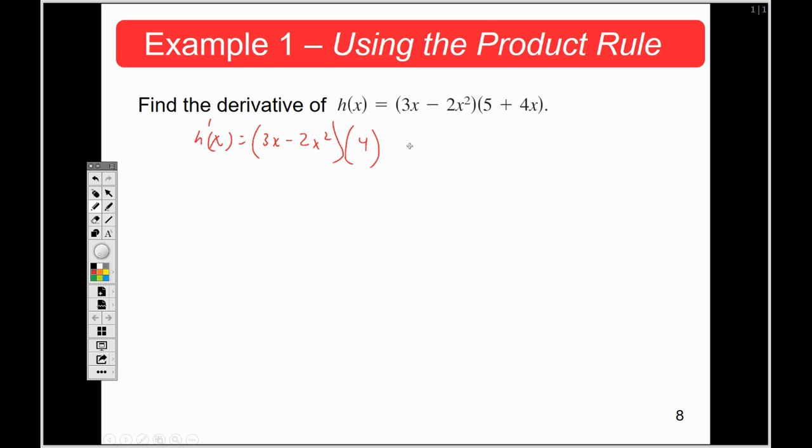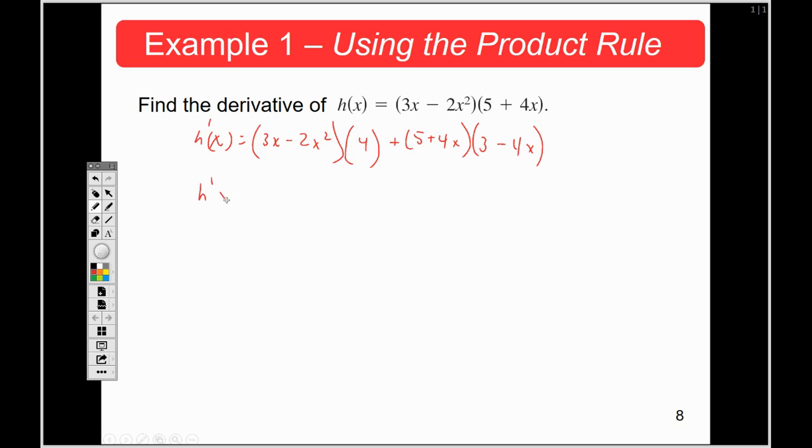Everybody okay with that, hopefully? Then I'm going to do plus the second function, 5 plus 4x, times the derivative of the first. So I do each term individually. 3 minus 4x. Okay, so I have some cleaning up to do, and I'm going to distribute here.